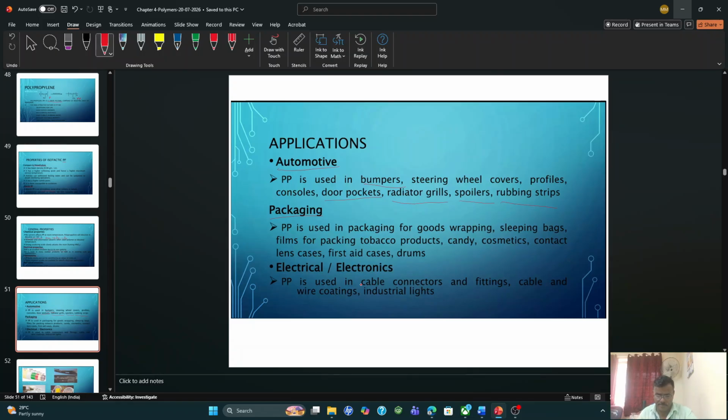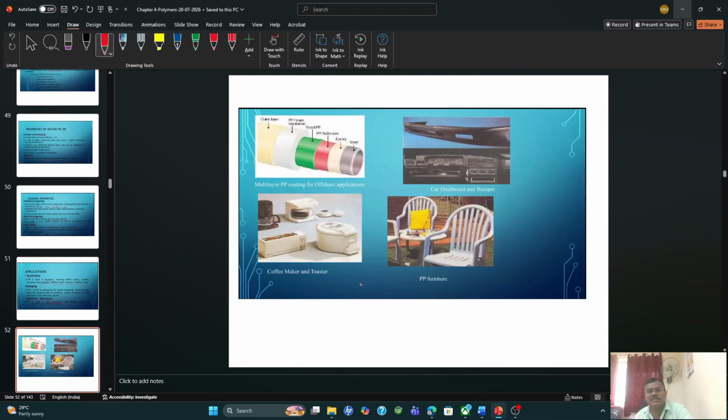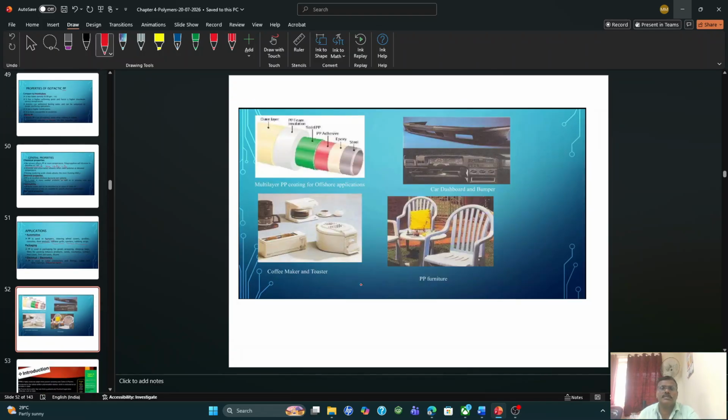Okay, and this is also useful in electrical and electronics applications as cable connectors and fittings and wire coatings and industrial fights. There are some images of polypropylene polymers.